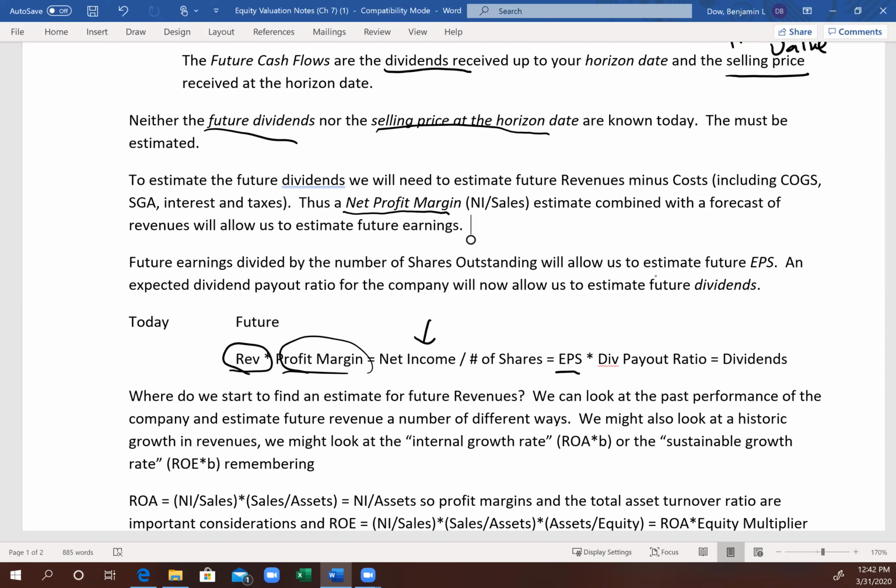The other thing we might look at is profit margins, return on assets and return on equity, to figure out what's possible in terms of future performance for the company. We also need to consider changes in the company's management, maybe new products. Are there any internal or external forces that may impact future profits and might change the dividend payout ratio? This is all stuff we figure out in an investments class.